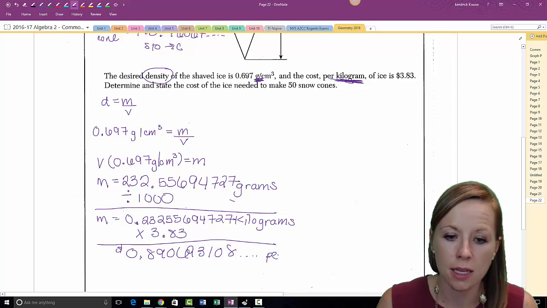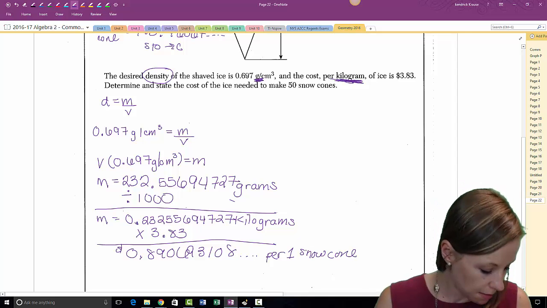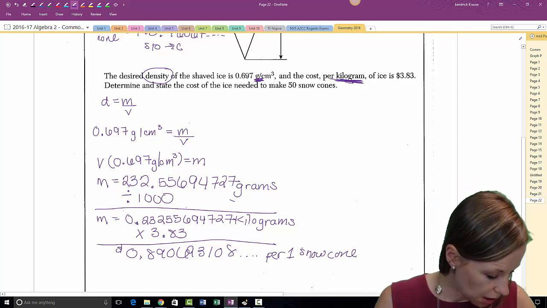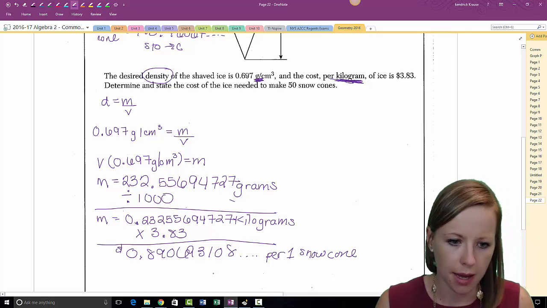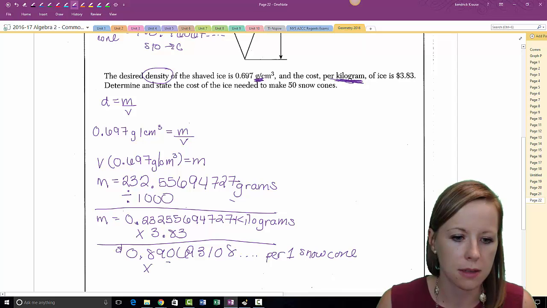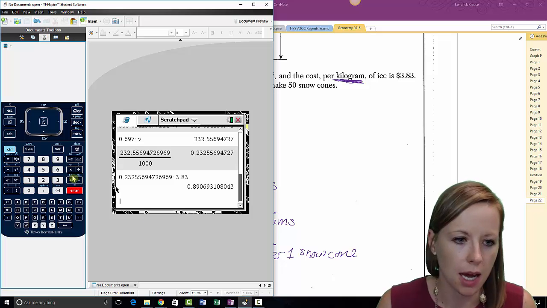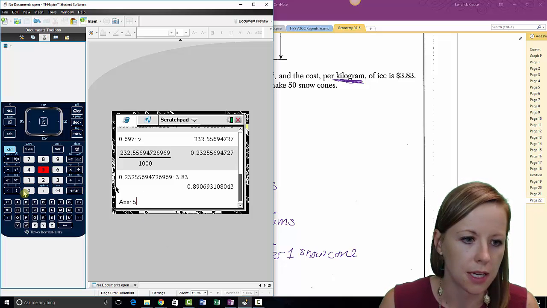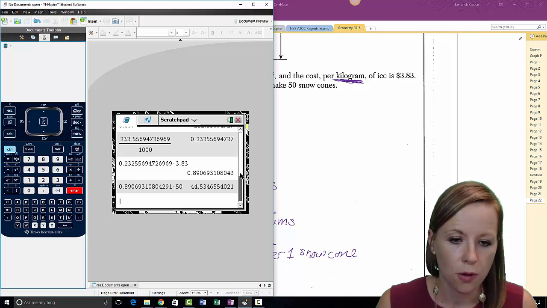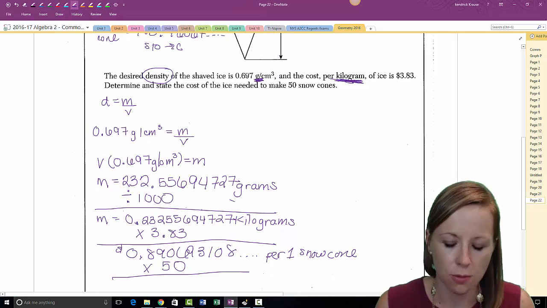Per one snow cone. And I've got to figure out how many 50 would be, right? So I've got to multiply by 50. So times 50, 44.53.